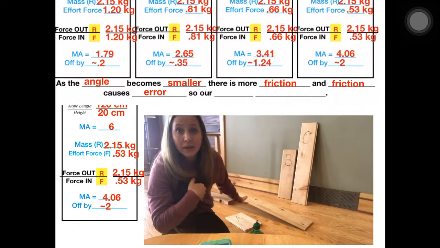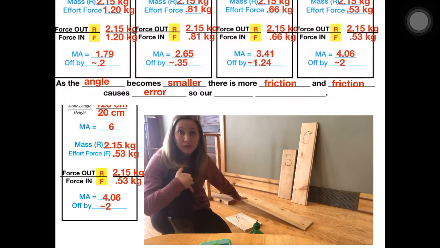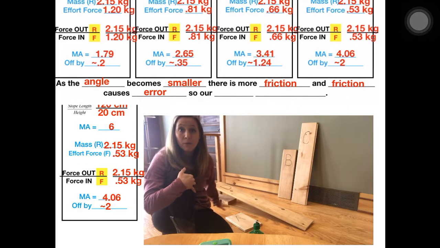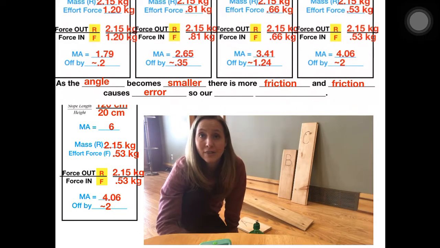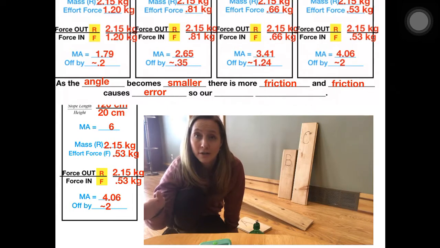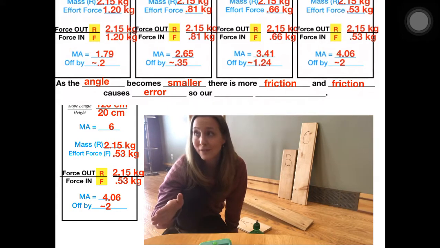Just like when we laid the bottle on it. There was lots of friction and it was able to just sit there. But when we laid the bottle on the short one, it slid right off. So there's not as much friction, and that is why the longer our board got, the more friction there was, so the bigger the error.